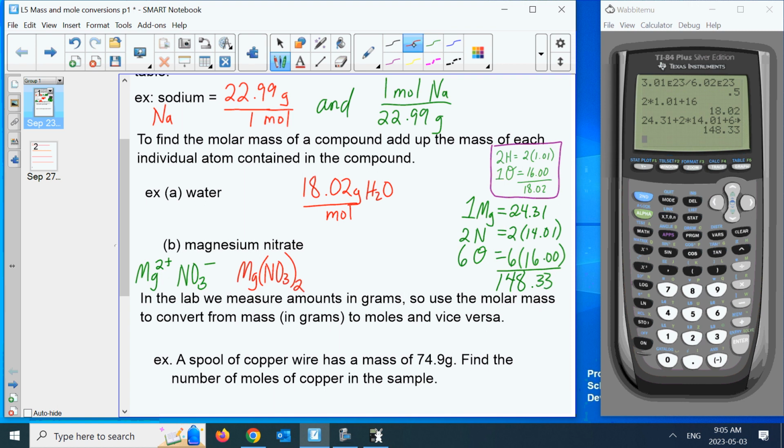I've basically done that, so magnesium nitrate's molar mass is 148.33 grams of Mg(NO3)2 per 1 mole. I don't need the 1 there, but I do need the fraction with mole. Are there questions?